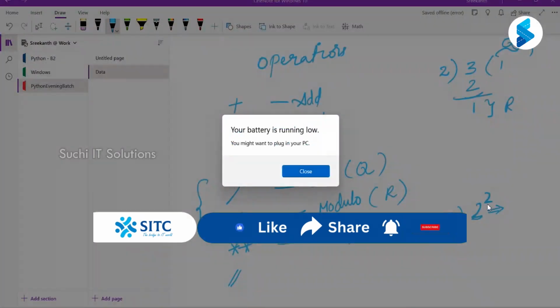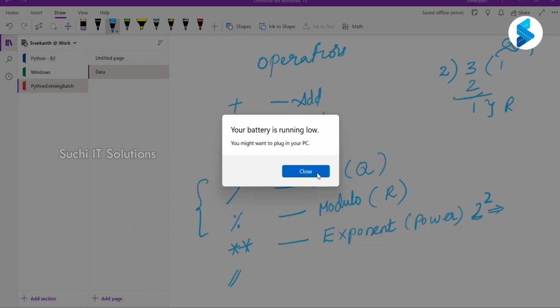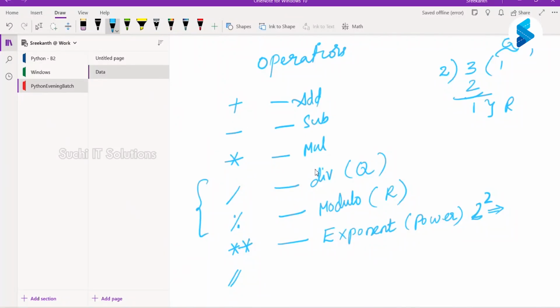So if I have to represent this in Python programming, I will say 2 star star 2 is equal to 2 power 2. Are we clear? And then you have a double slash operator.